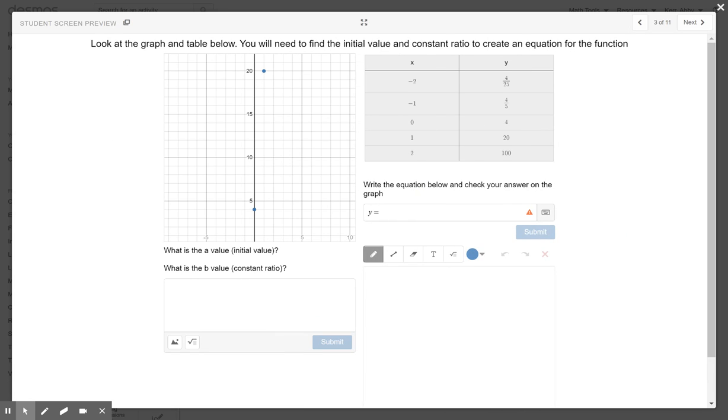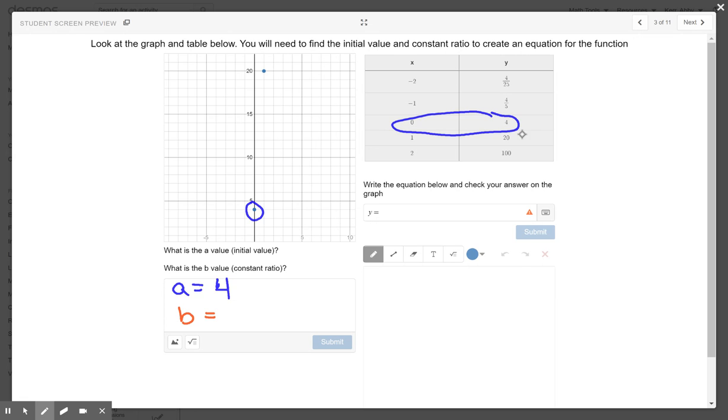All right, for here it says look at the graph and table below. You'll need to find the initial value. So once again, the initial value is the y-intercept. So that's our A value. And then our B value is what we just got done writing in red.